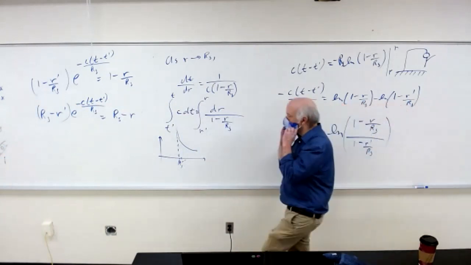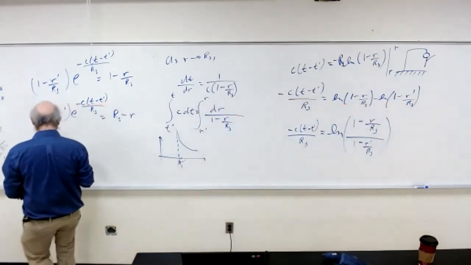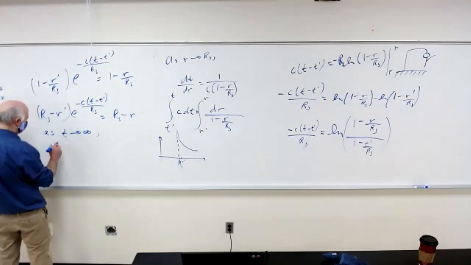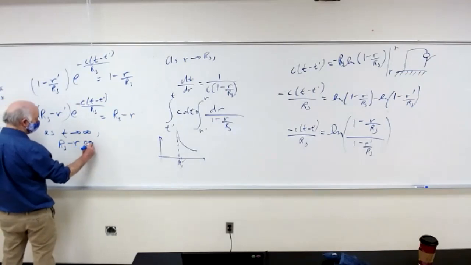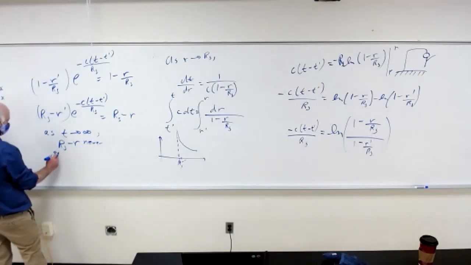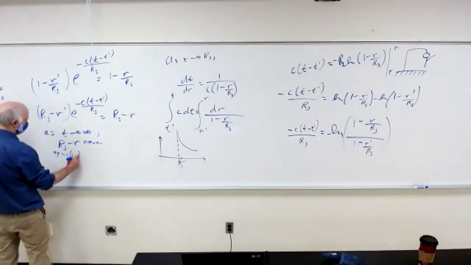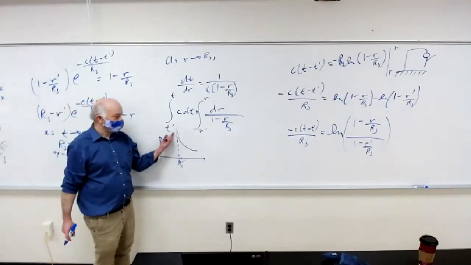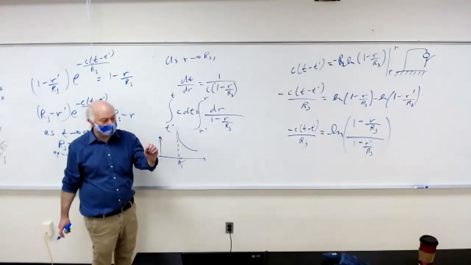So as t goes off to infinity, r minus rs here never equals 0. So you never actually hit this line here. You get asymptotically close to it.